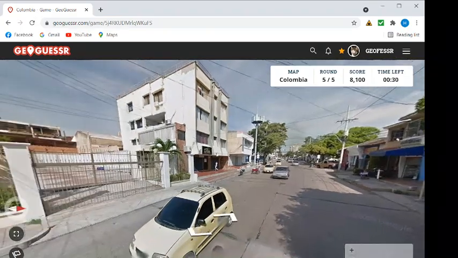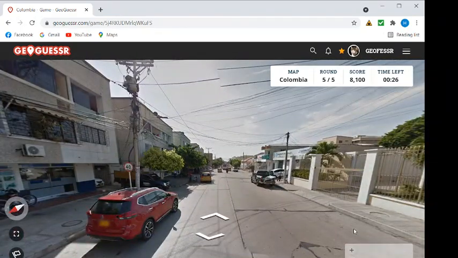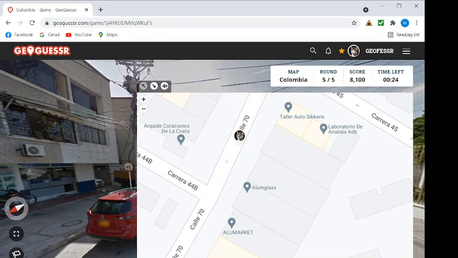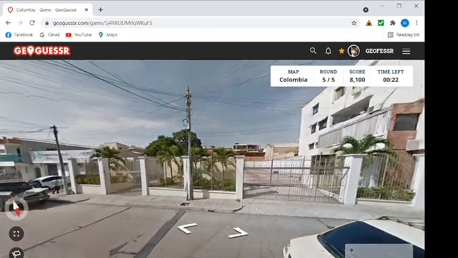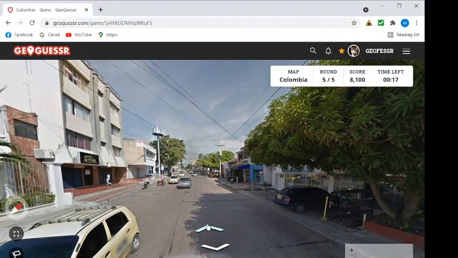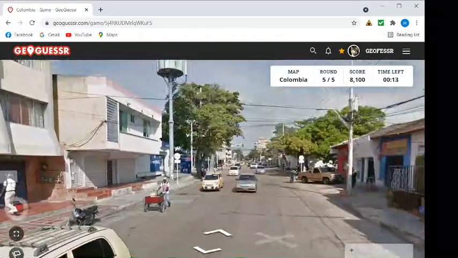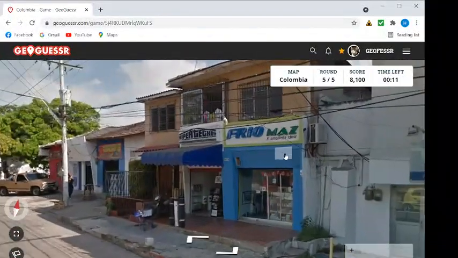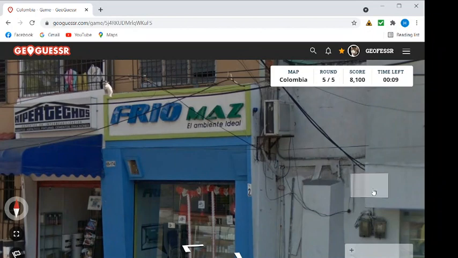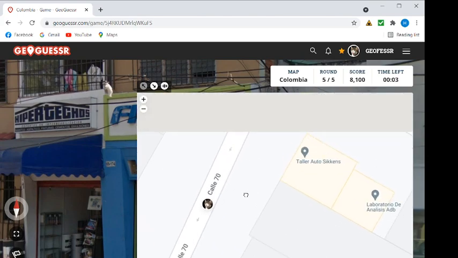So it looks like we get to close with a 5K, right? That it's a little farther up this way. So we have Four Essence, we have Frio Mas, El Ambiente Ideal. Is that about air conditioning? Maybe, I don't know.